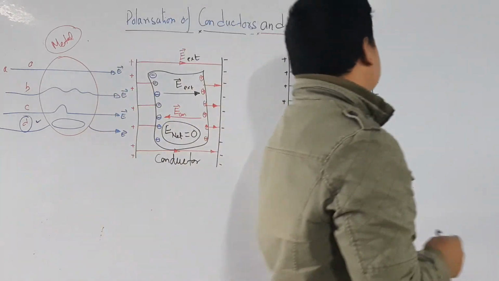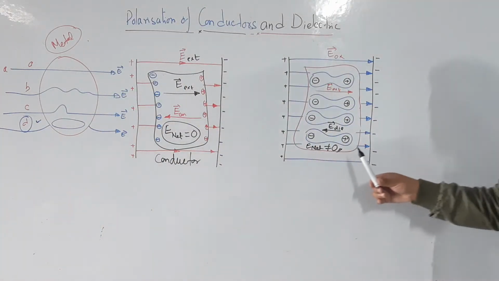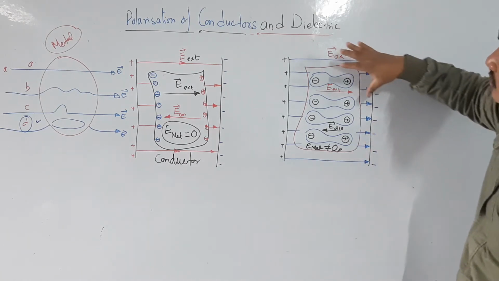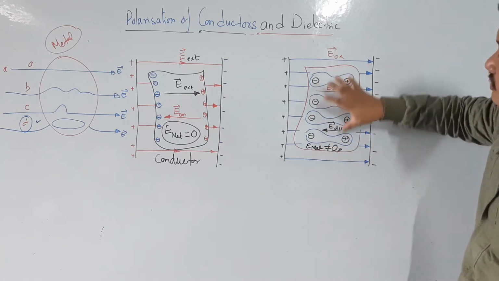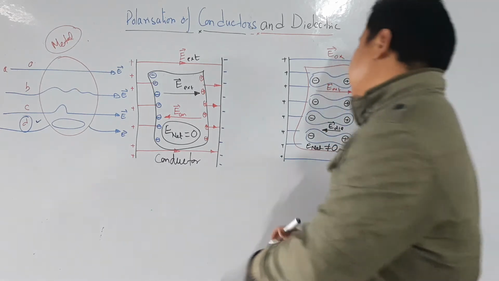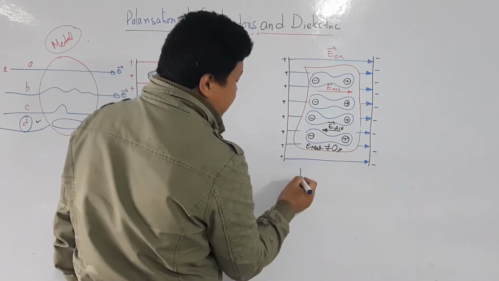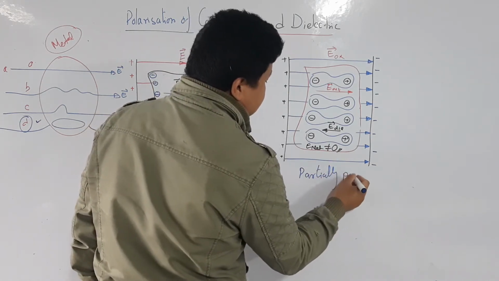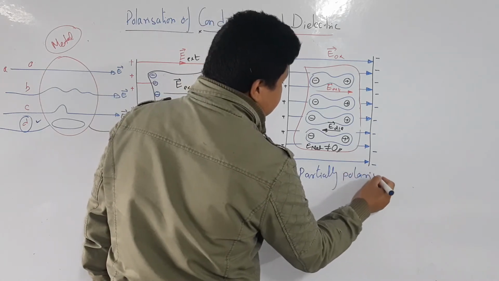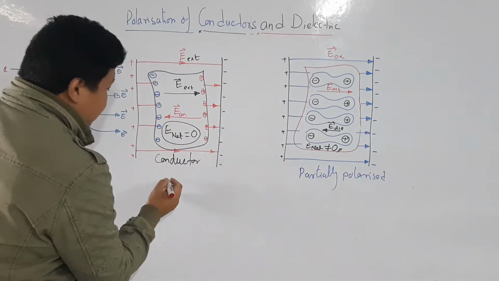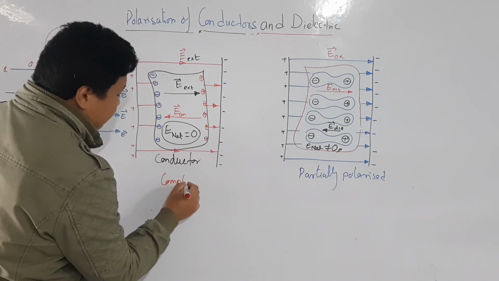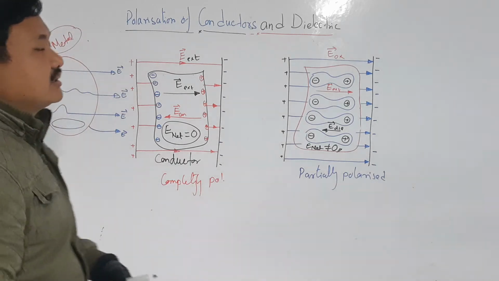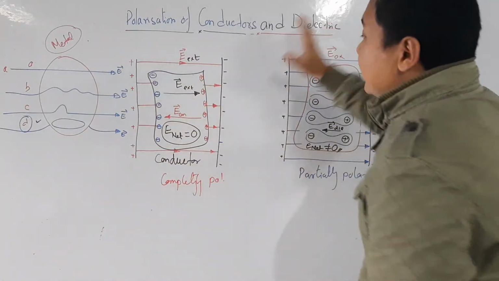Inside the dielectric there will be some electric field, because these are not completely polarized. The charges are partially polarized, but in a conductor the charges are completely polarized.